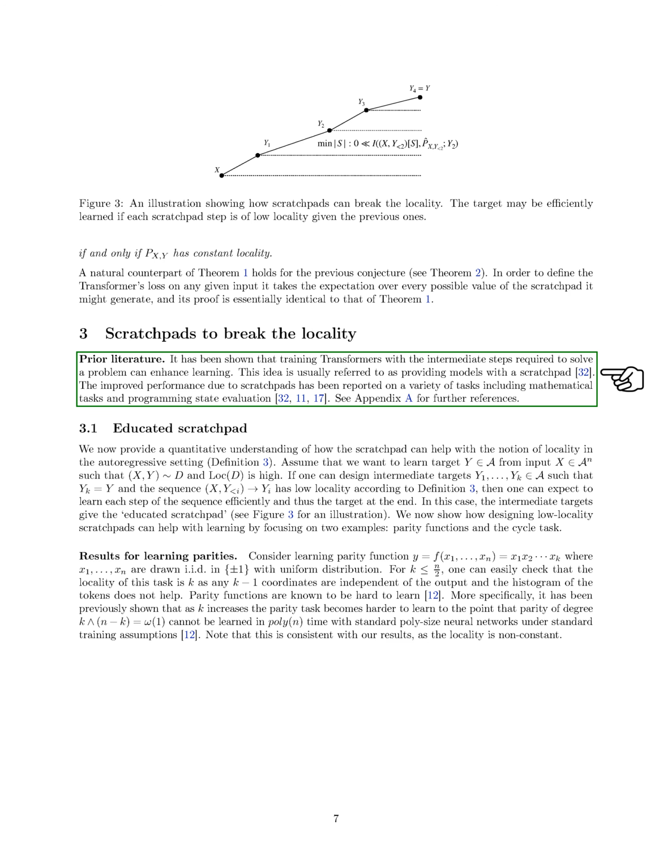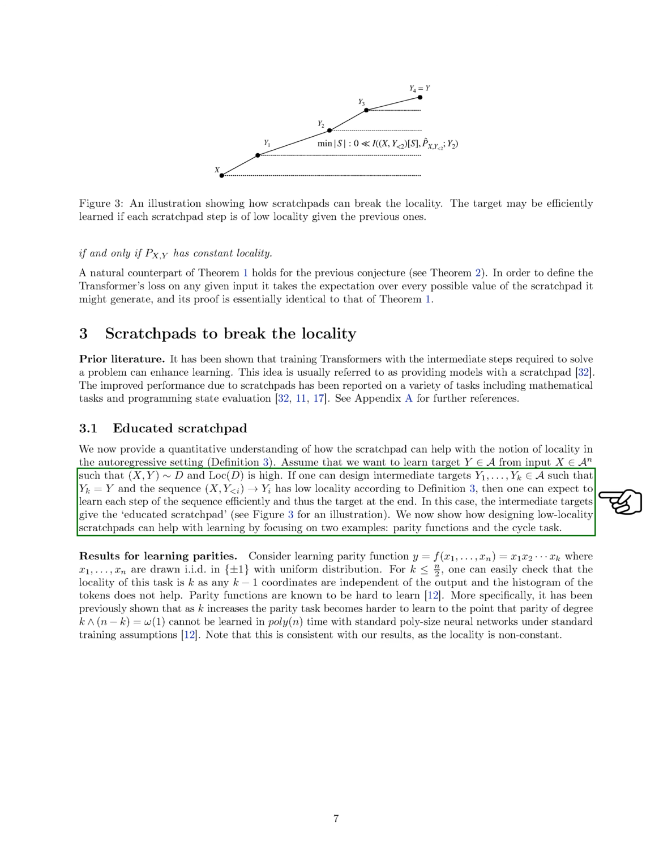Similarly, for the cycle task, a scratchpad that follows a depth-first search algorithm can significantly reduce the task's locality, making it easier to learn. By breaking down complex tasks into simpler sub-targets using scratchpads, we can facilitate efficient learning and develop useful representations. Overall, scratchpads play a crucial role in enhancing learning efficiency by managing the locality of tasks.